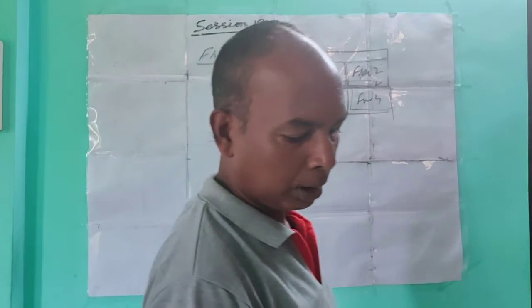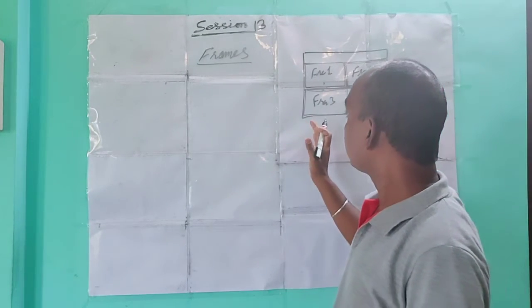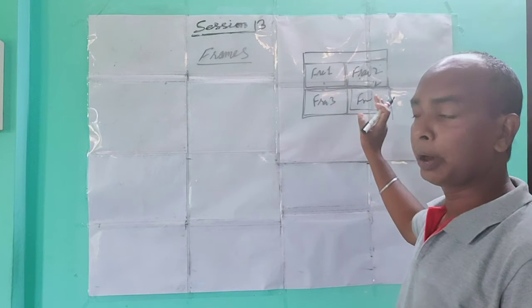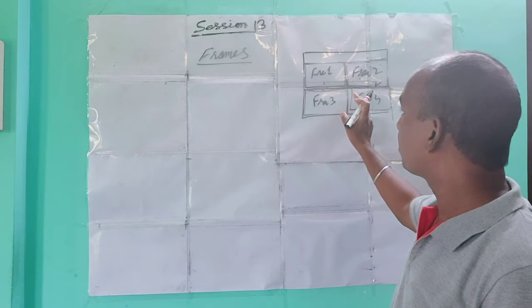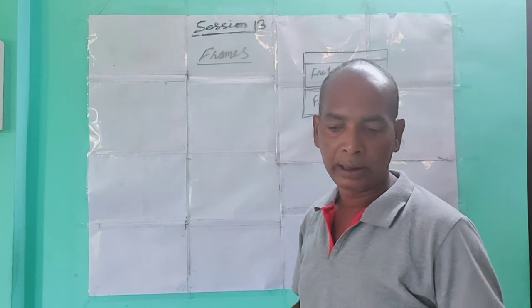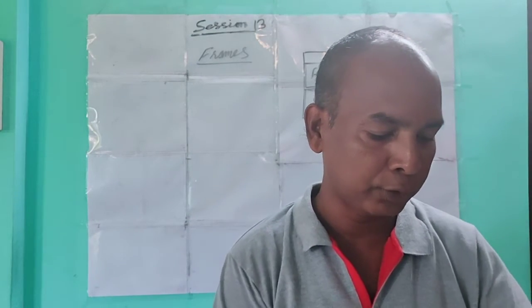Next, how the frameset works. I told you that frames divide the screen into different parts. So how many frames do we need? Before going for that, there are some attributes of frame. At first we go for the attributes.